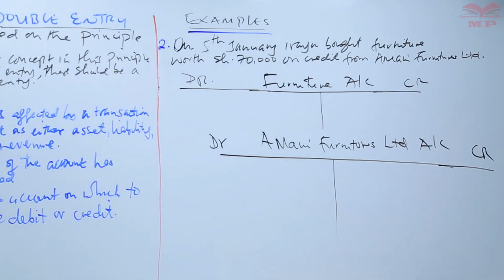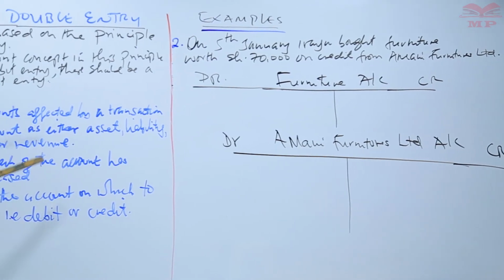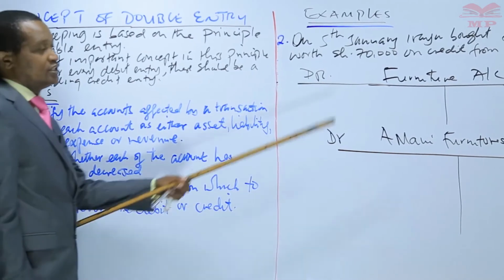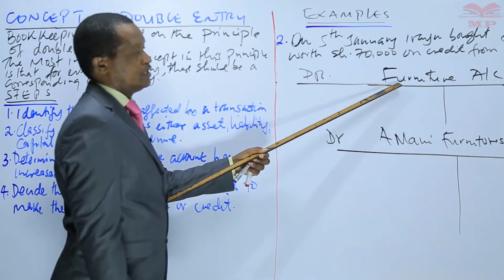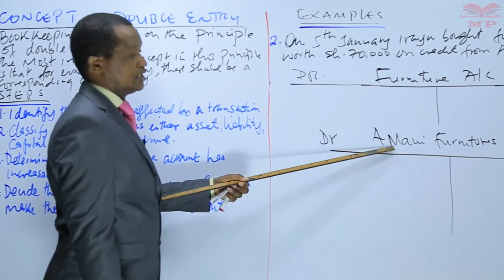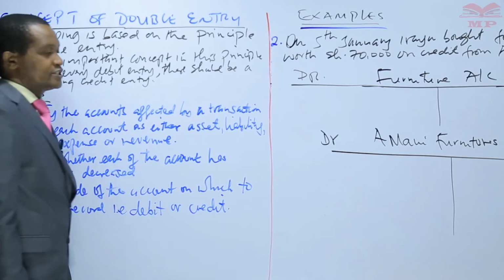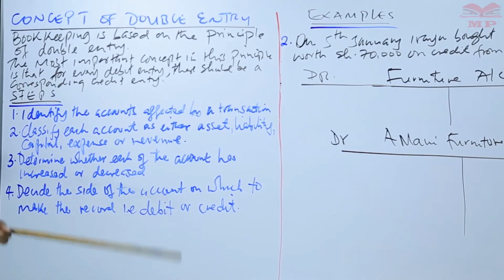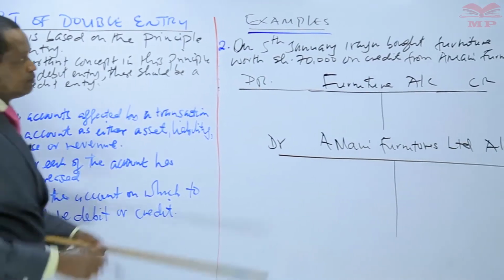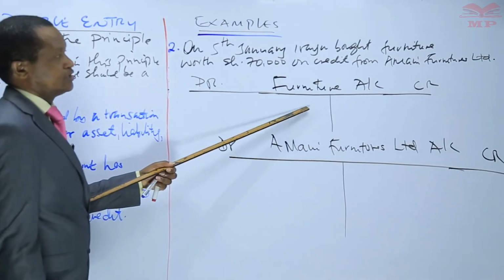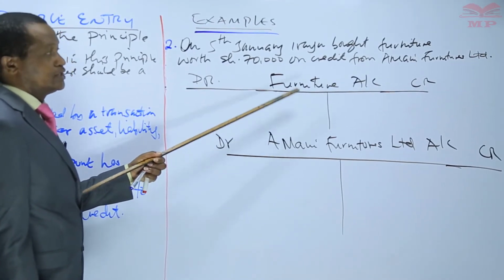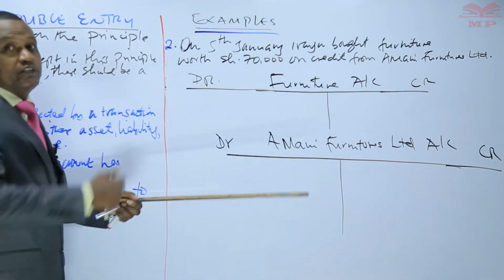That is step number 1, identify the accounts affected. Then step number 2, classify each account as either asset, liability, capital, expense, revenue. I've already done that. I've said this is an asset account, this is a liability account. Step number 3, determine whether each of the accounts has increased or reduced. Bought furniture. That means the furniture account is increased. When you buy furniture, you increase furniture.